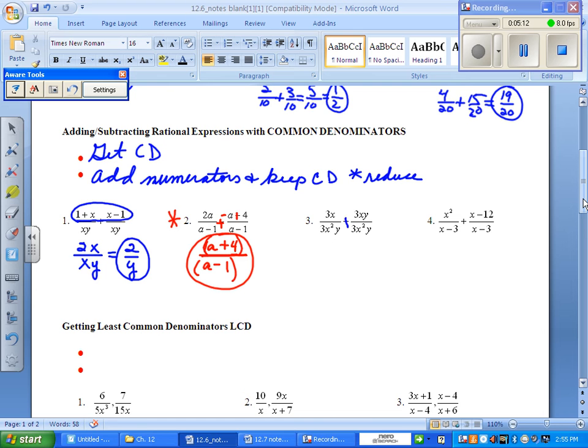Okay, number 3, they have common denominators. Going to change this to plus a negative 3xy. Since the numerators are not exactly like terms, these two are not exactly like, so you just write it as 3x minus 3xy, all over 3x squared y. They had the same denominator. Now in the numerators, they have a common factor of 3x. So factor it out.